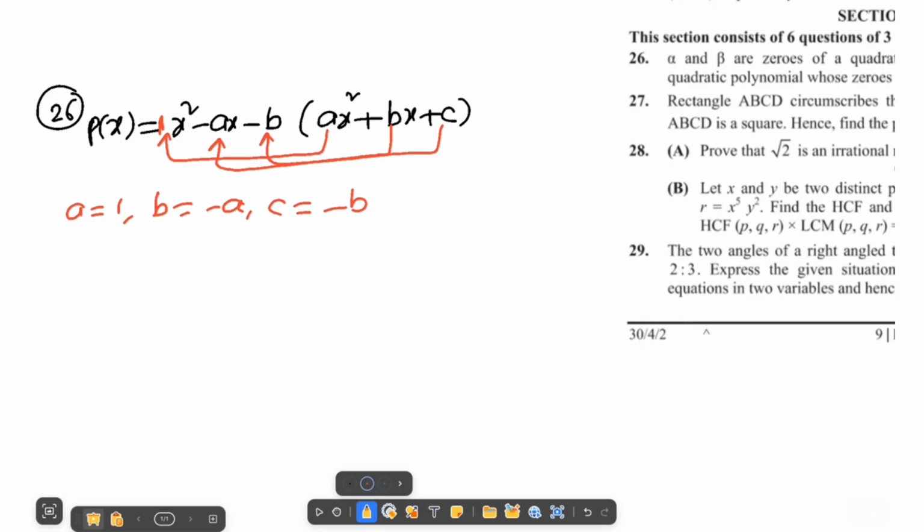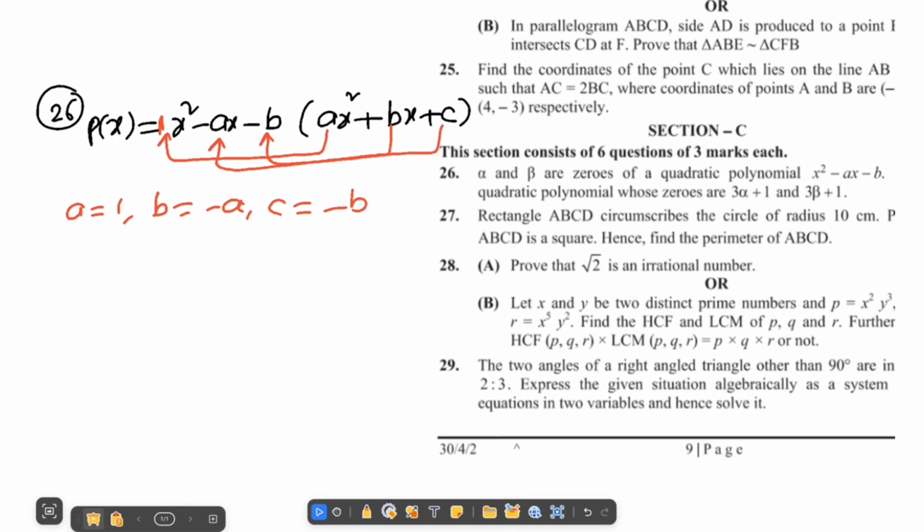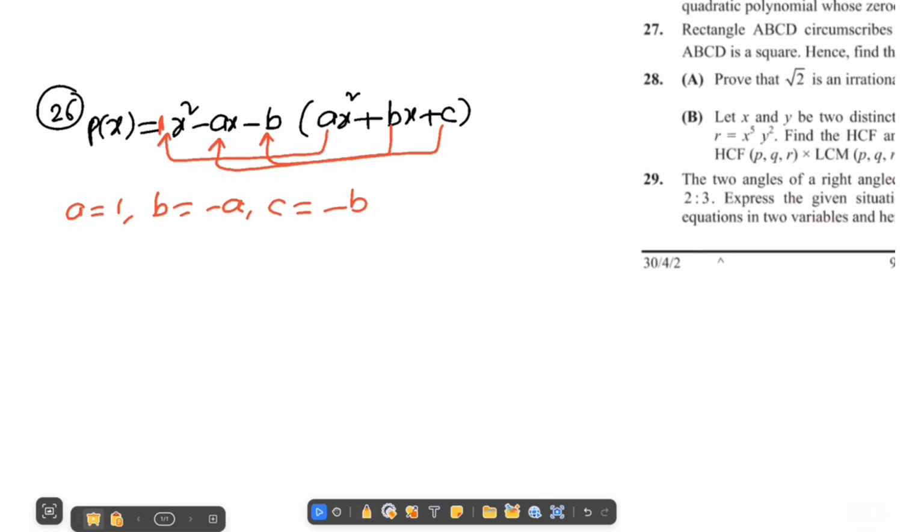Okay. Now we have to find a quadratic polynomial with the zeros 3 alpha plus 1, 3 beta plus 1. So first of all, to find the quadratic polynomial with those zeros, we have to find the sum of the zeros and the product of zeros, right? So first of all, let's find the sum of the zeros.